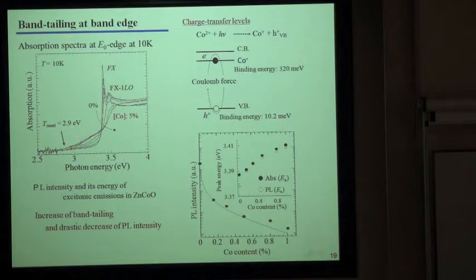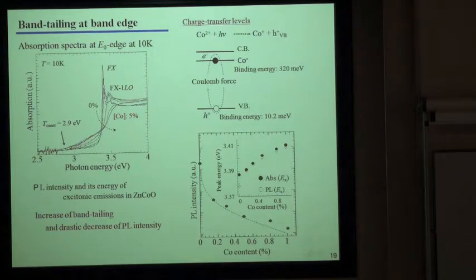And we also measured the photoluminescence under the same conditions, and the cobalt concentration dependence of the peak position energies shows almost consistent characters, both in the band edge absorbance and in the photoluminescence from such extended band existence. But one of the interesting points is that the intensity of the photoluminescence dropped rapidly, dramatically, with increasing cobalt concentration.